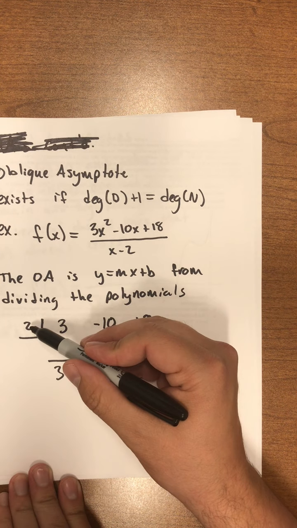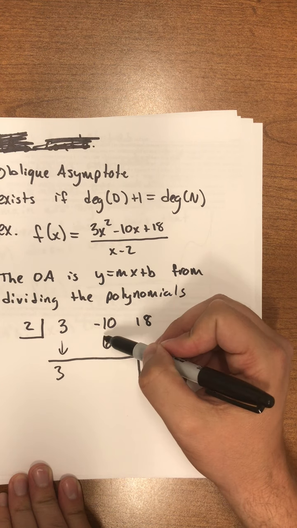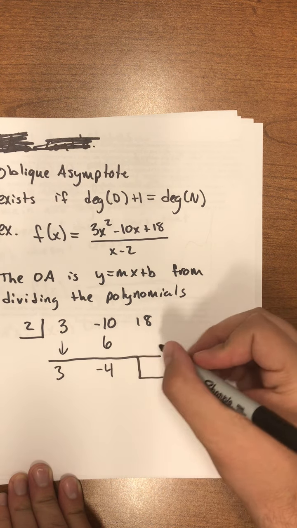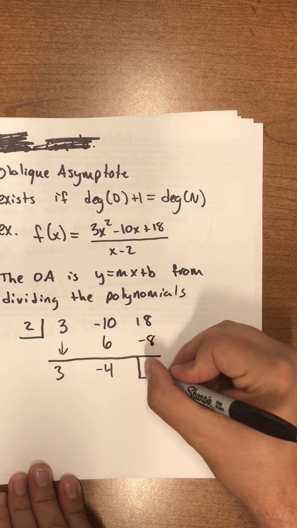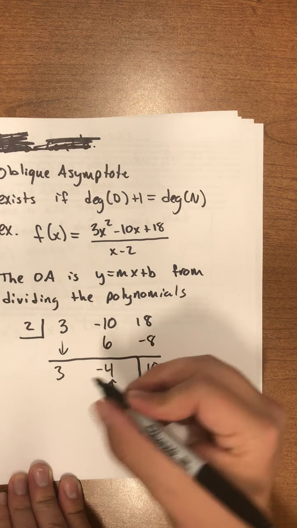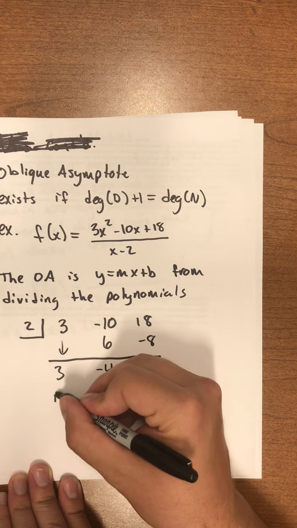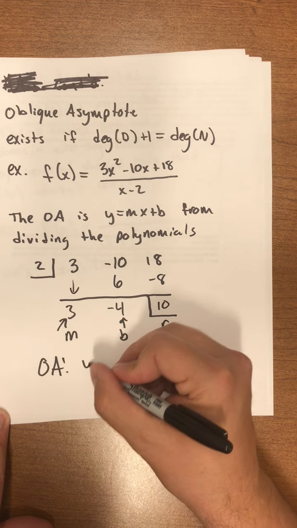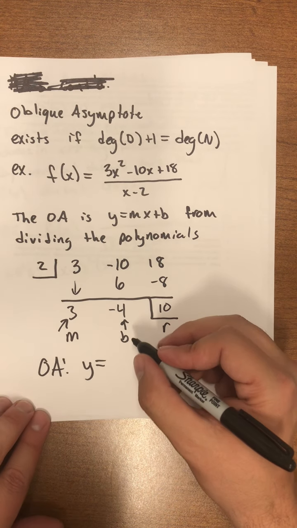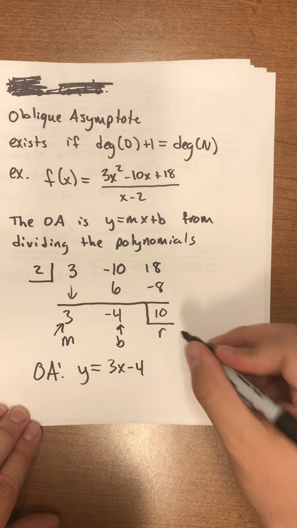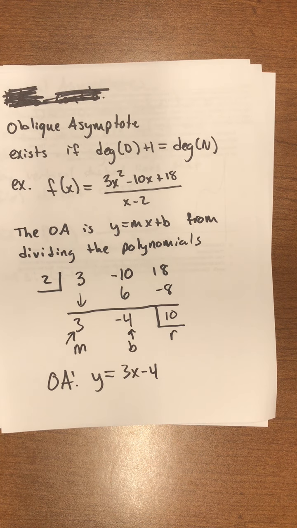Three comes straight down, 2 times 3 is 6, then we add straight down and repeat the process. So that's 4, looks like that's going to be negative 8, the remainder is going to be 10, but this is b, and then this is m. So the oblique asymptote is y equals 3x minus 4. You don't include the remainder.